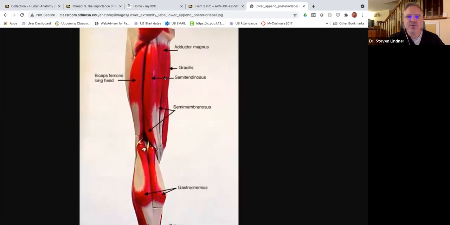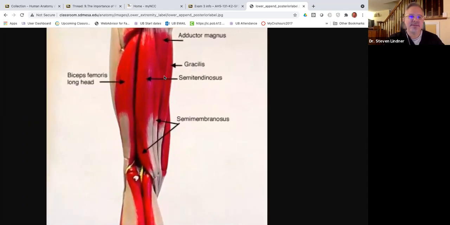So the 2 hamstring muscles that are on the medial side of the thigh are the semimembranosus and the semitendinosus. Semimembranosus is the one that's more medial, right? It's deeper, midline.